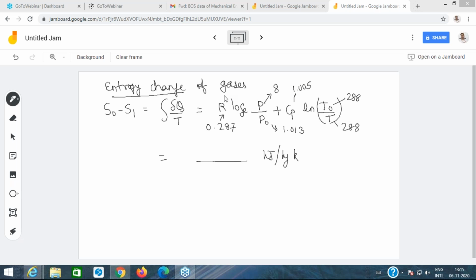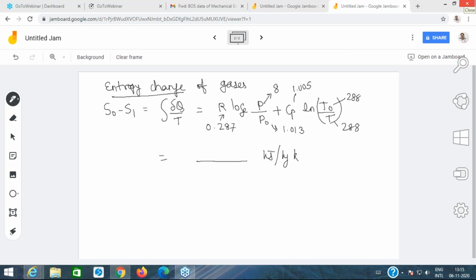Aditya, Kamlesh, what have you calculated? Kamlesh, you are wrong. Kamlesh, check your answer. Okay. Jay, you are right. So most of you are getting it right.